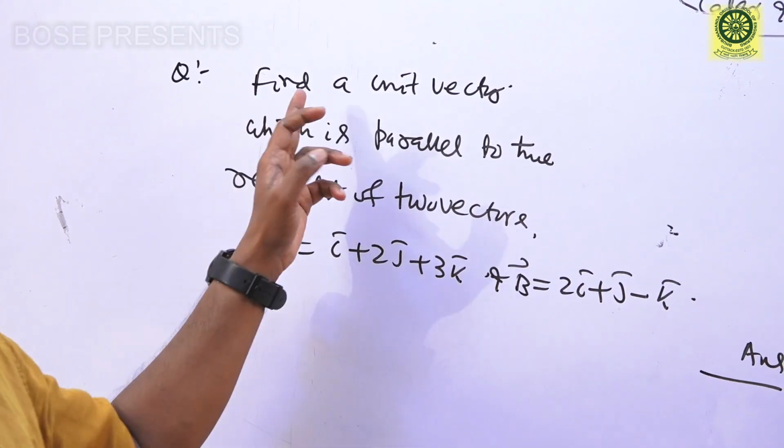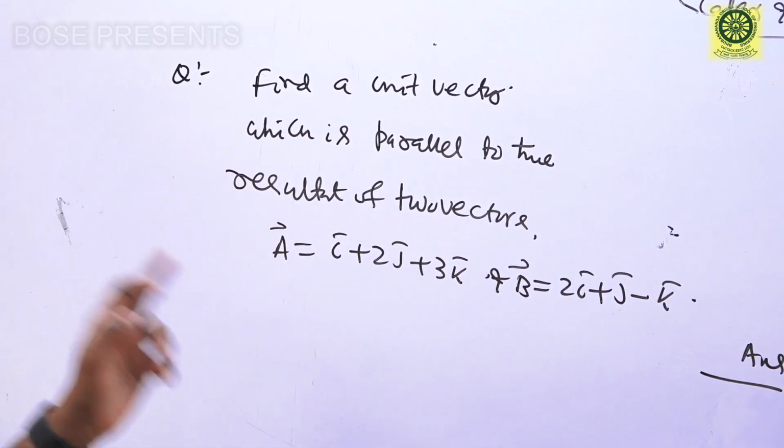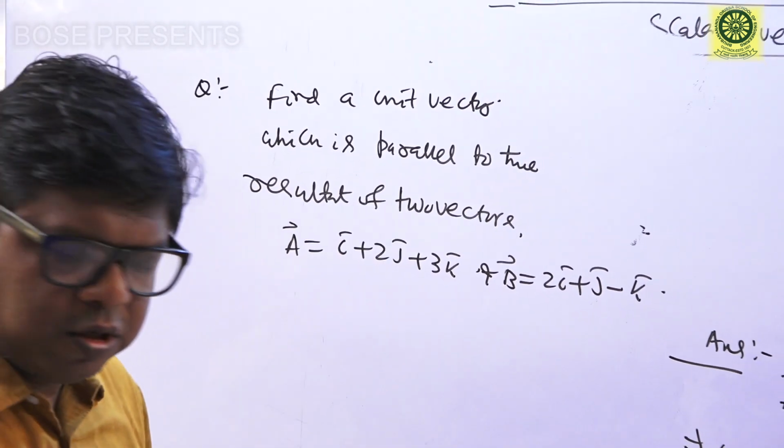So the next question is to find the unit vector which is parallel to the resultant of the two vectors.